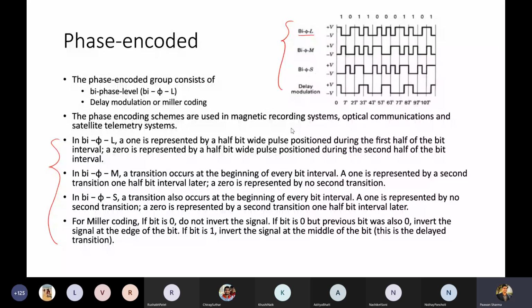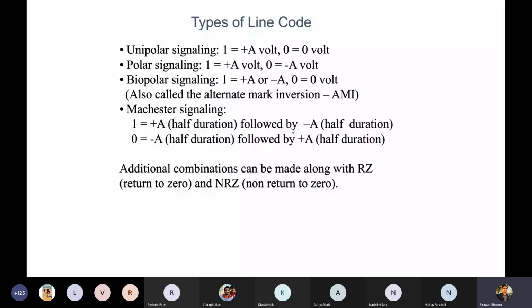Very simple. If you have understood the line codings earlier, NRZ, RZ, AMI, bipolar, unipolar, this will also be very simple. And these are the representations of electrical parameters. Unipolar: 1 is plus A, where A can be 5, 1, 3.3 volts, etc. 0 is 0 volt. Polar signaling: you have 1 as positive polarity, plus A volt, and 0 as negative polarity. Bipolar: you have 1 as A and minus A, and 0 as 0 volt.